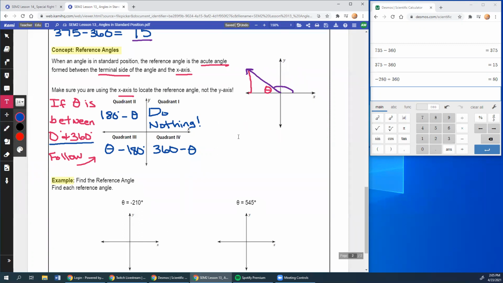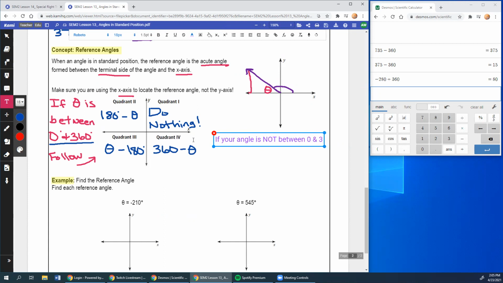There's a little bit more you have to do if it is not between 0 and 360. All right, so if your angle is not between 0 and 360, find the coterminal angle between 0 and 360.